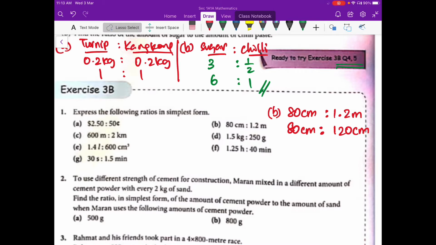Instead of dividing by 20, let's use what Patricia suggested. 80 to 120, so fraction, 80 on top, 120 below. Press equal. What do you see? 2 over 3. In your calculator, it says 2 over 3. In your writing, you write 2 to 3.